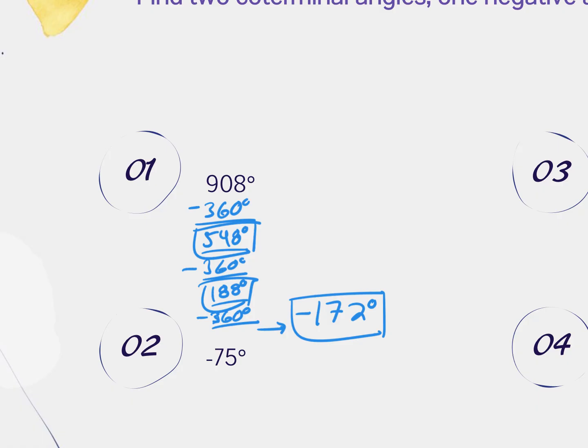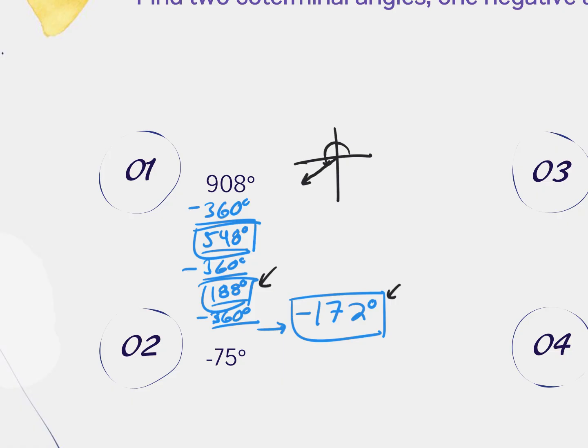If you were to draw these, they would end up at the same spot. I'll use 188 and negative 172 as an example. Remember, 180 is a half rotation, so 188 would be a little bit past it, and our angle would look something like that.